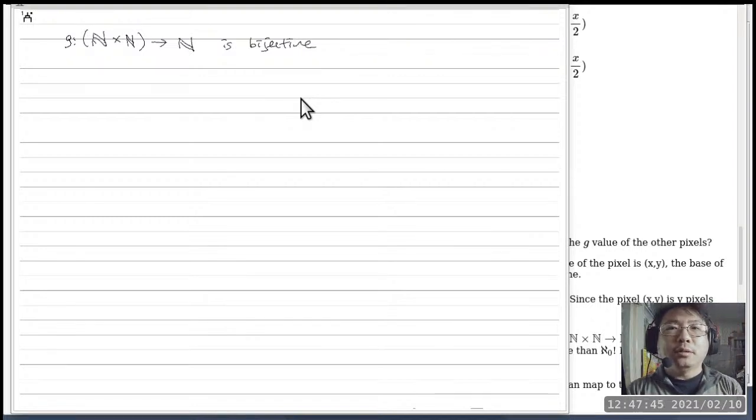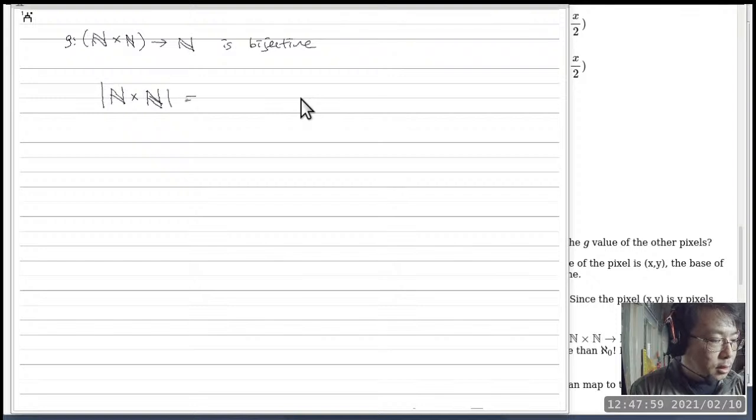And based on something that we talked about earlier in today's lecture, that tells me the cardinality of the Cartesian product between N and N is indeed the same as the cardinality of just the set of all natural numbers, which by definition is aleph null. Isn't that cool?